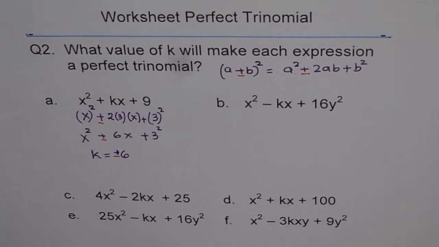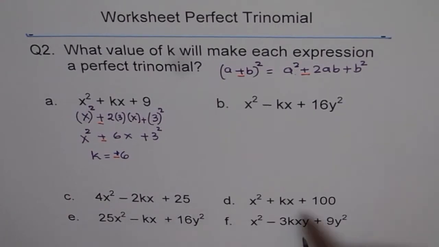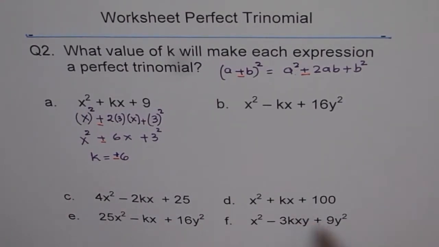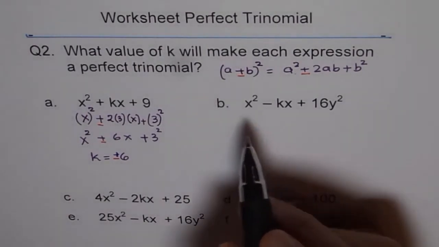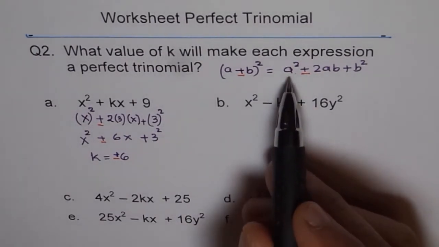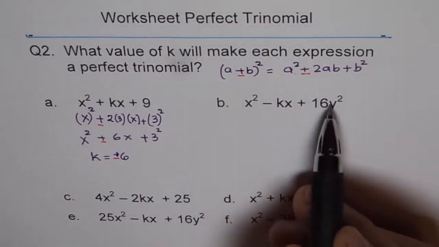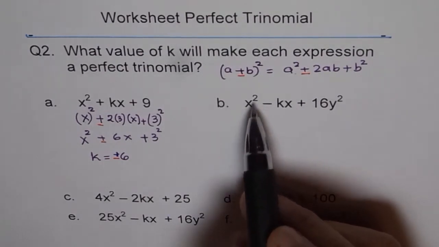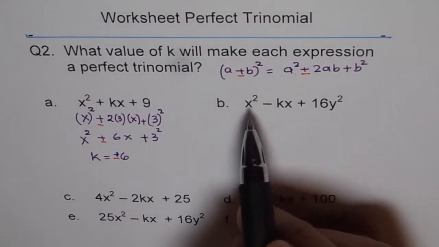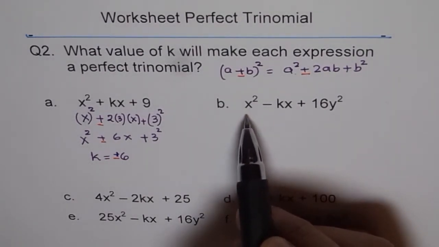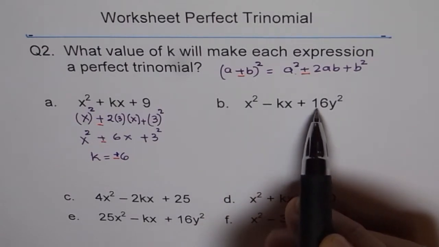Now let's get to part B, right? Part B is kind of slightly more tricky than A. Let's see how it is different. Now first, our strategy is like this only. We have to write this in this form. So the trinomial expression for us is x squared minus kx plus 16y squared.